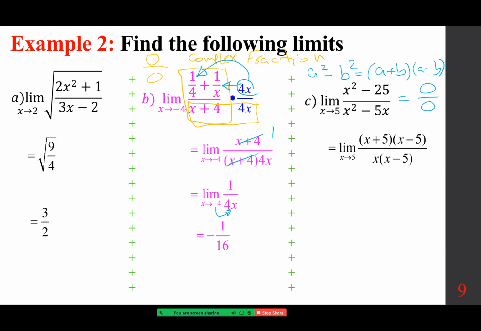We are using difference of squares, a squared minus b squared, which is a plus b times a minus b. x minus 5 is in common. We drop it. And now if we plug in, we get 10/5, which is 2.